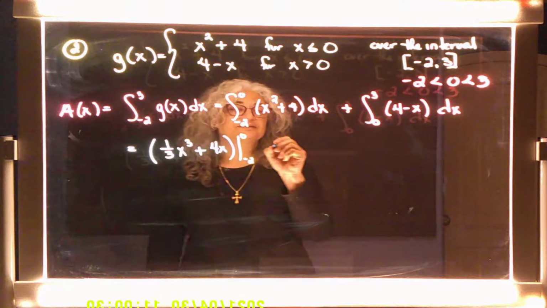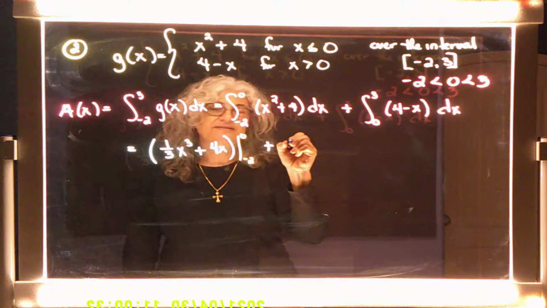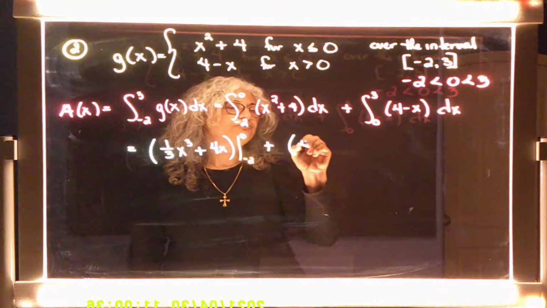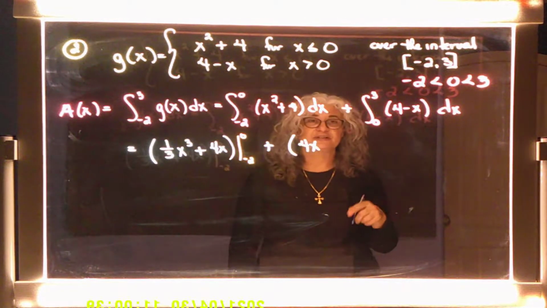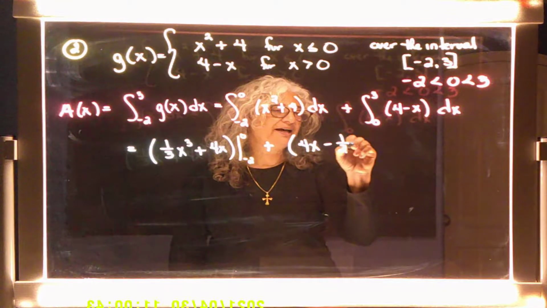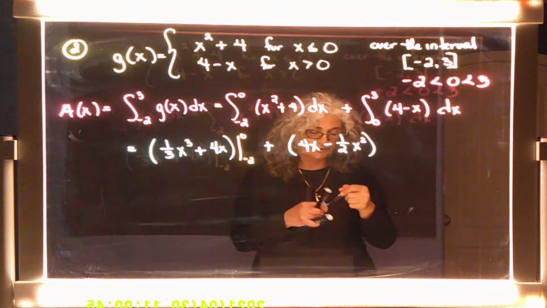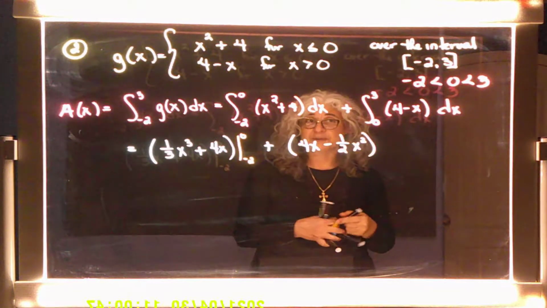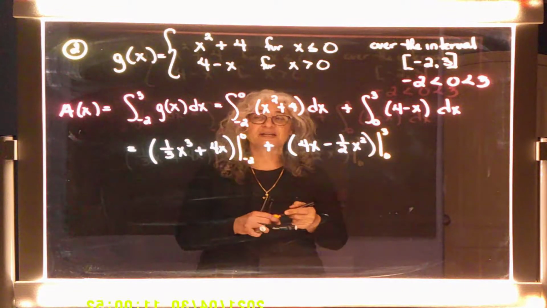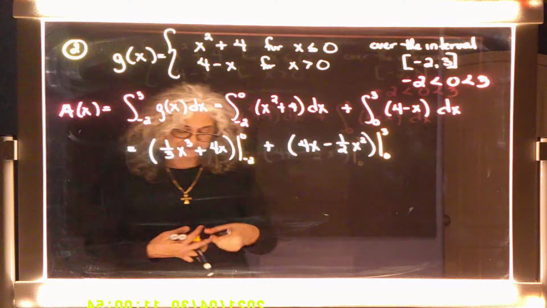And then the second integral, what's the antiderivative of 4? Good, 4x. What's the antiderivative of x? Good, so minus 1/2 x squared. And we're going to evaluate this from 0 to 3. Okay, we're doing good so far.